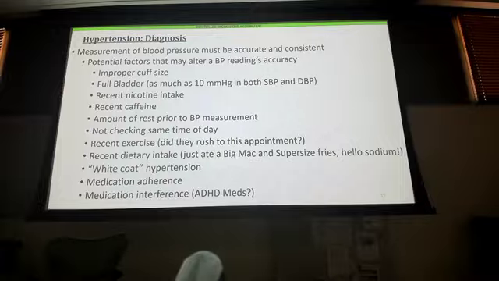Like they went to McDonald's on their way to your office and ate a double value meal, supersized, whatever, right? So make sure you counsel them about these things so they can avoid them before they come in for their second check. Okay.